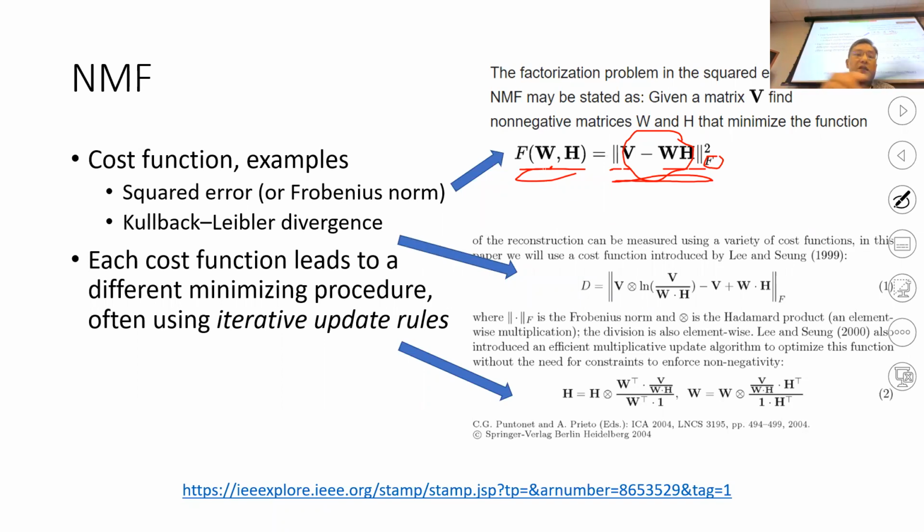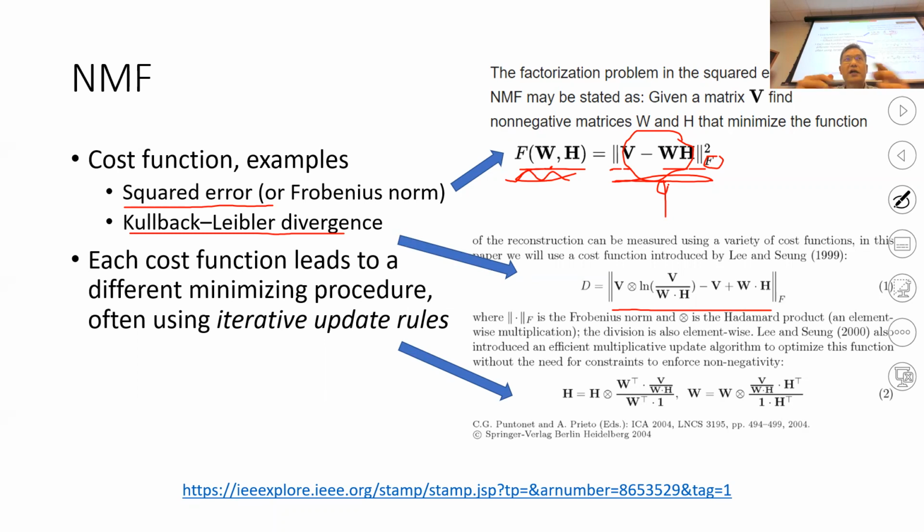But eventually you're still based on this cost function, which squares the error, indicated by this L2 matrix norm, or the Frobenius norm. Also you can have the KL divergence as your cost function. There's another way to write this, so you can do it this way, or that way.